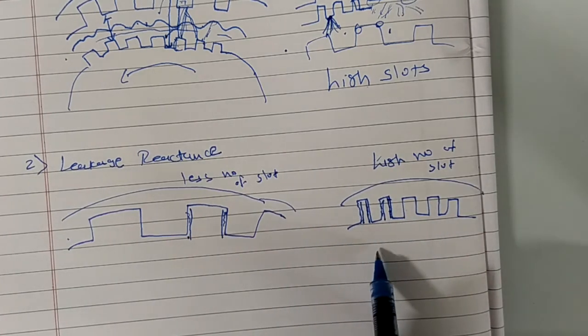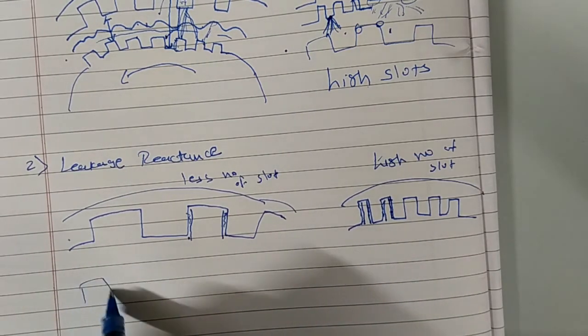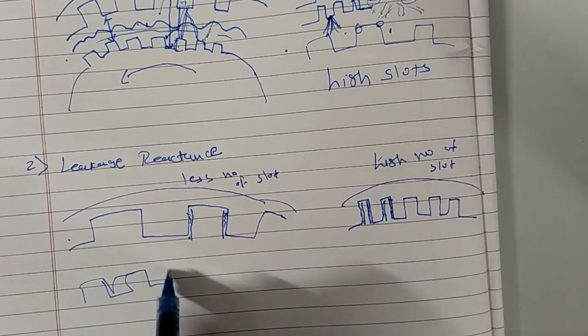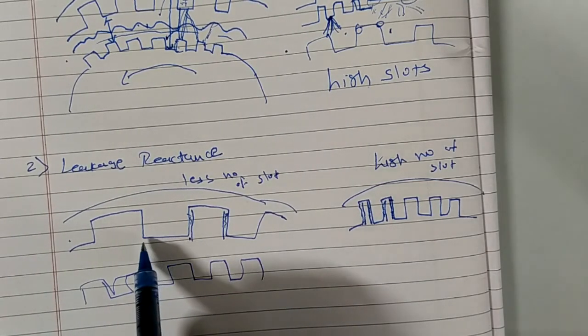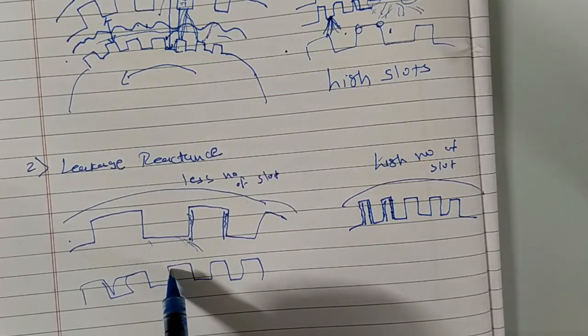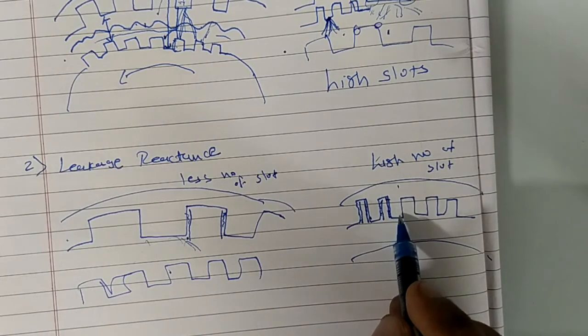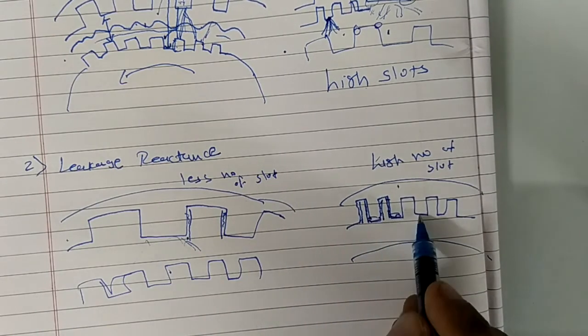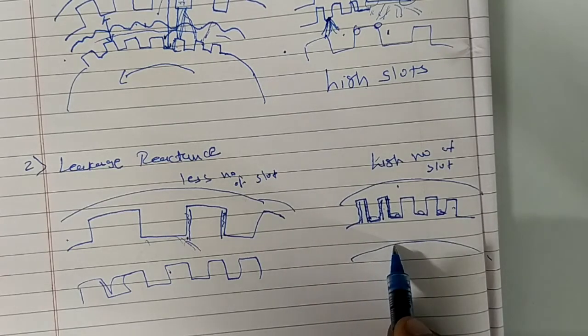Whatever rotor is over here, let us say I have the rotor over here. Over here the flux will find difficulty to go through the air gap inside the rotor. Over here, whatever flux is produced has a lot of area, so they can easily go from here to here.